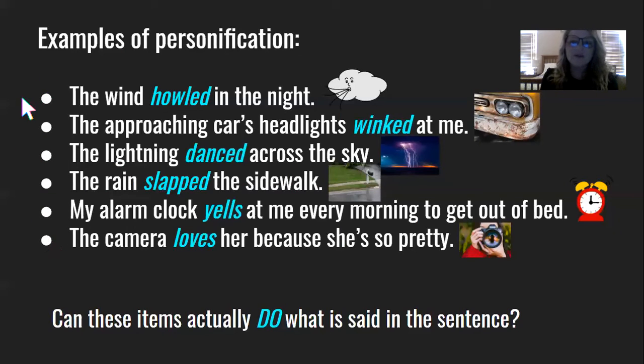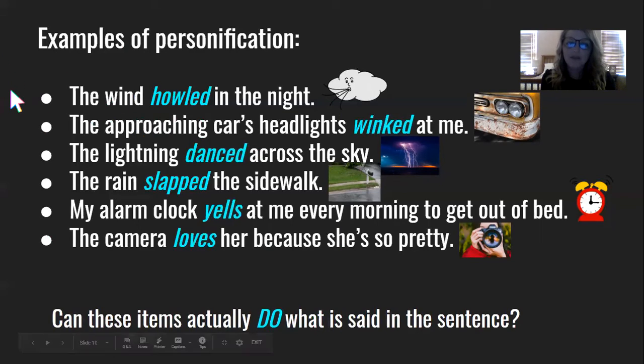Okay, so can we think of some things that these phrases have in common? Any pattern that jumps out at you when you read these? Do they make sense? And then my little question down at the bottom here is just, can these items actually do what is said in the sentence? So if you look at each of these phrases, there's something doing something.